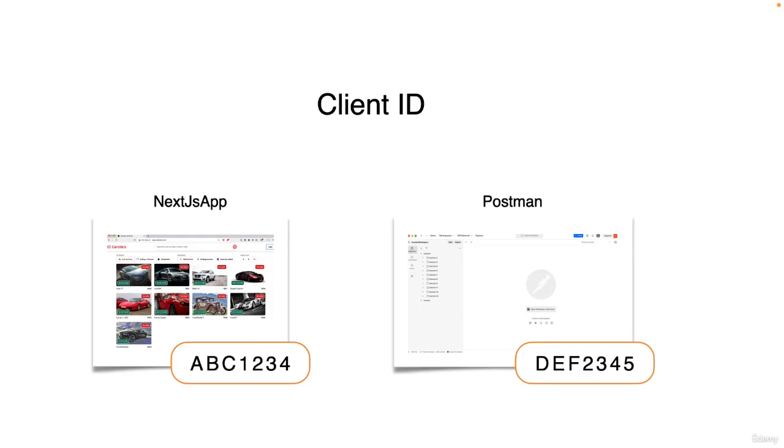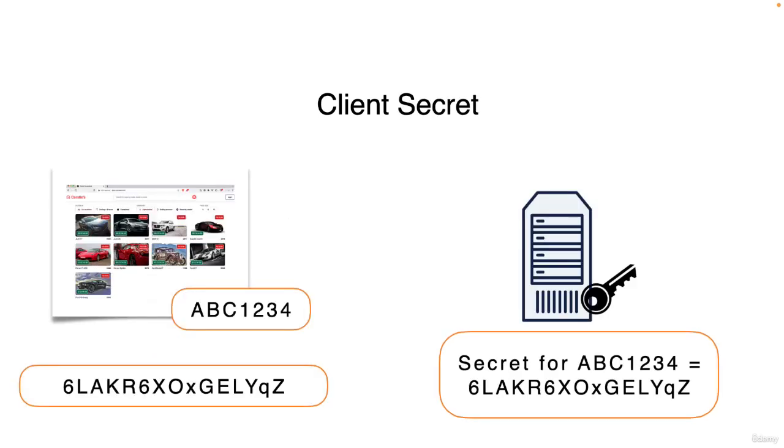We also have a client ID, and this ID is used to identify the client with the authorization server, our Identity Server. So in Identity Server, we'll be configuring clients, two of them in our case, our Next app and Postman. We also have a client secret, and this allows our client, the Next.js app, to securely share information privately behind the scenes.